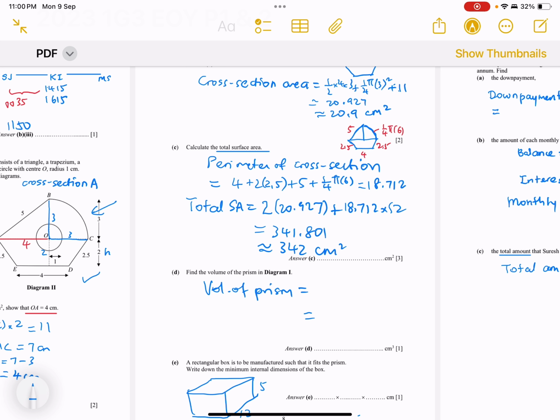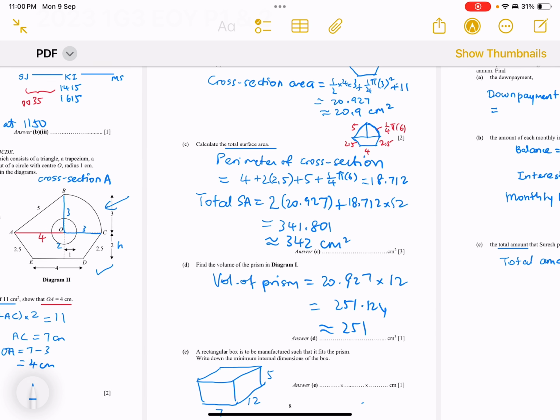To find the volume of the prism, it is the area of cross section, 5 significant figures, multiplied by the length 12, and that gives us 251.124, which to 3 significant figures is 251 cm cube.